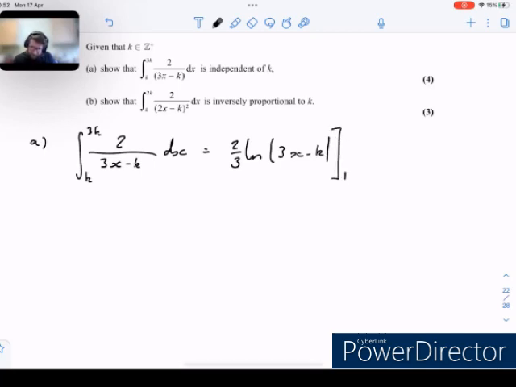And that's between k and 3k. So let's sub in the 3k. We end up with 2/3 log of 9k minus k. That's 8k. And then we take away 2/3 times log of 3k minus k, which is 2k.